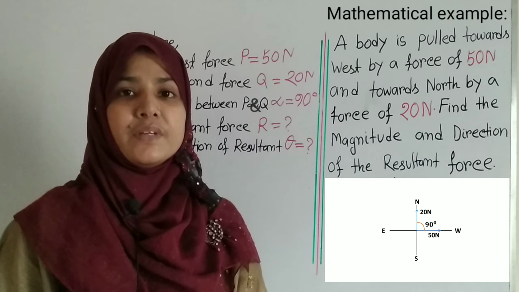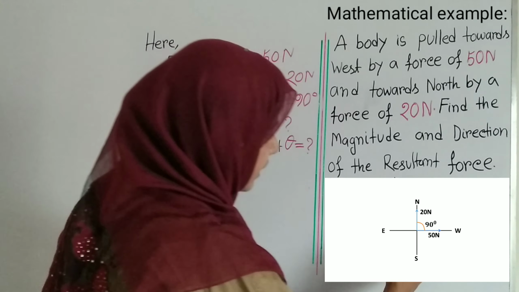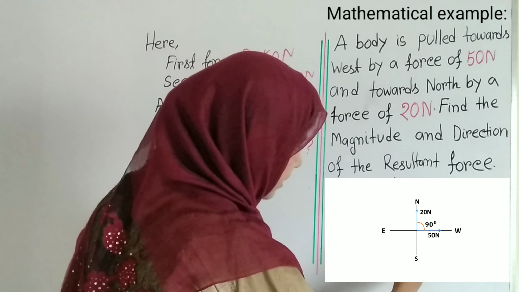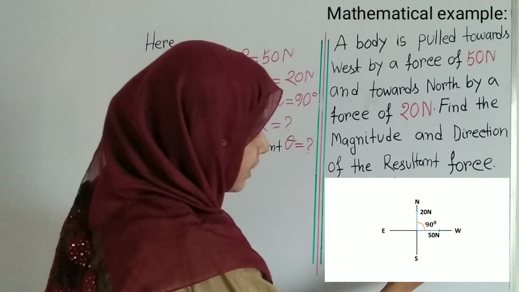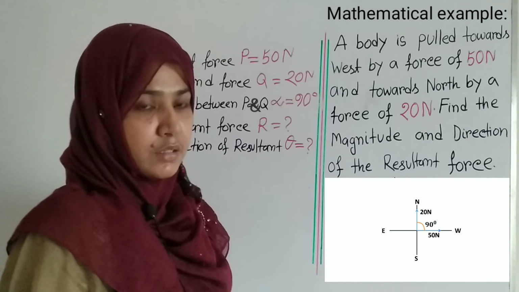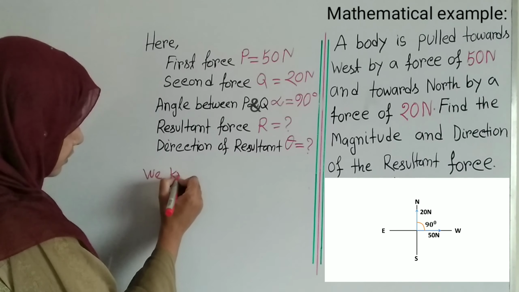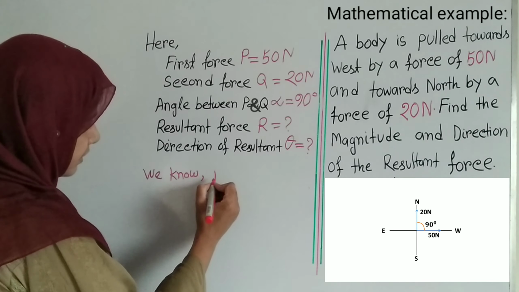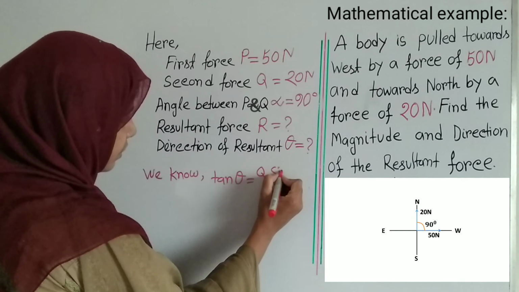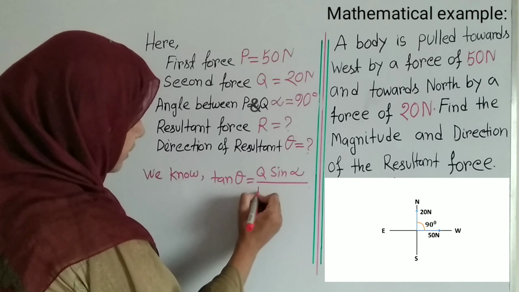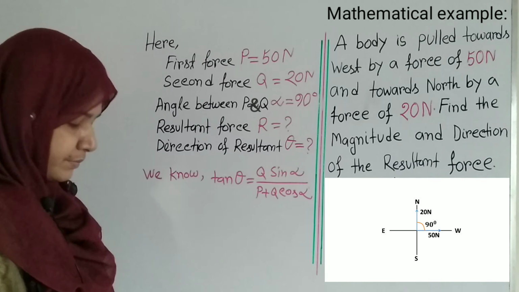Now the direction of the resultant. Suppose the resultant R acts making an angle theta with 50 Newton. So we know that to identify the direction, tan theta equals Q sin alpha by P plus Q cos alpha.